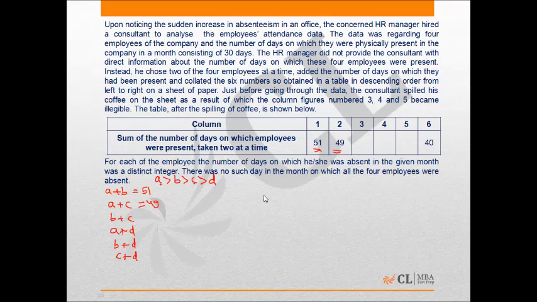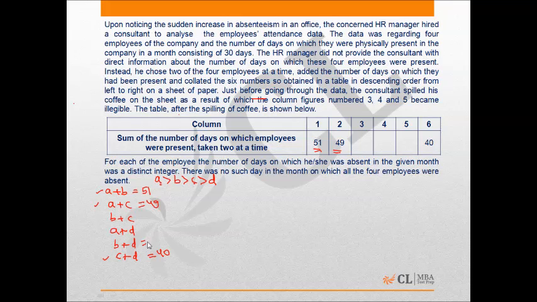Similarly, the minimum summation, which is C plus D, has to be the minimum value, which is 40. Okay. Now, if you add A plus B with C plus D and subtract A plus C from here, you will get A plus B plus C plus D minus A plus C, which is B plus D only.